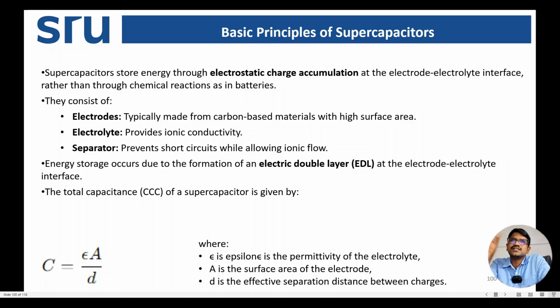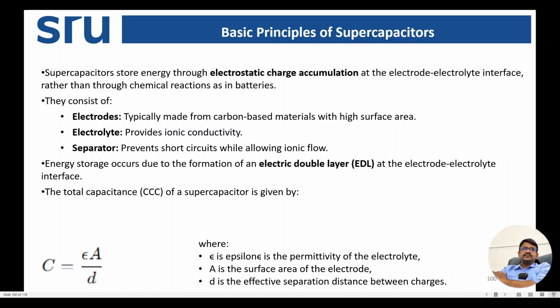So there is a change in chemistry, which is why energy is stored in a battery through chemical reactions. But in supercapacitors it is electrostatic charge accumulation at the electrode and electrolyte interface. It consists mainly of three things: electrodes, electrolyte, and separator.